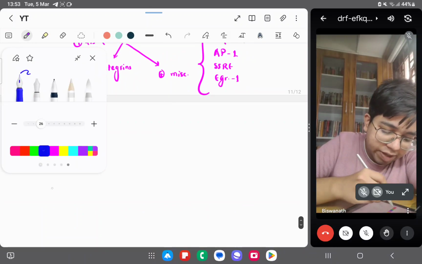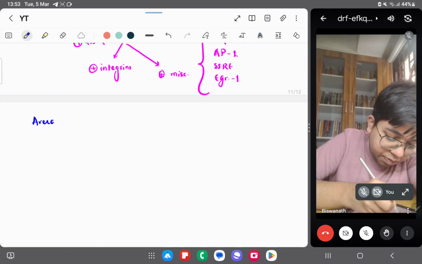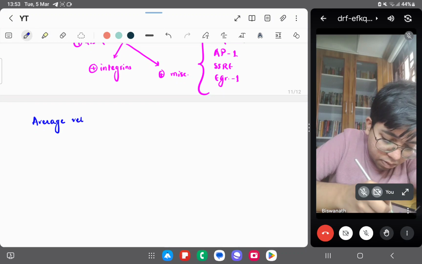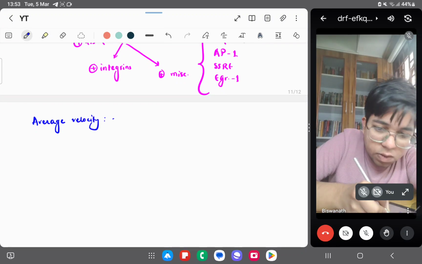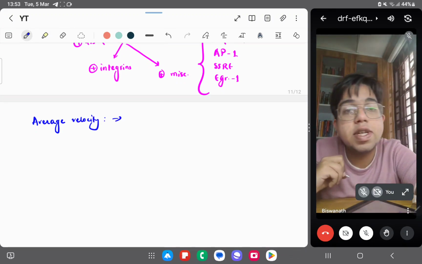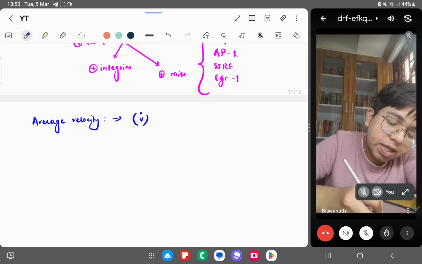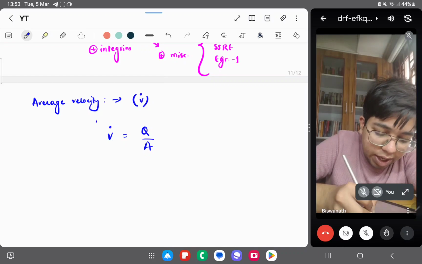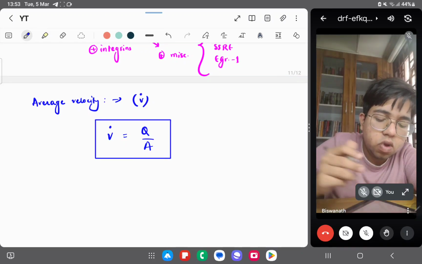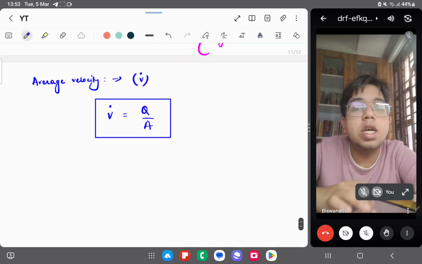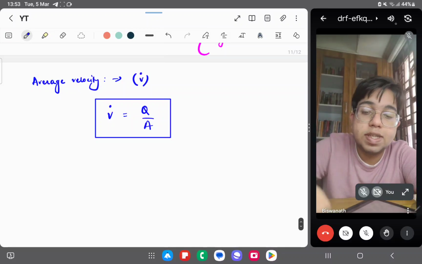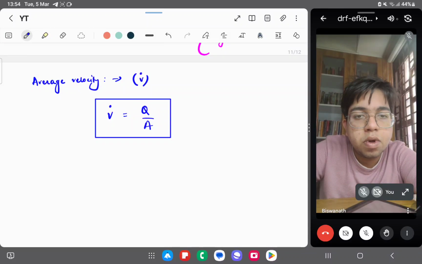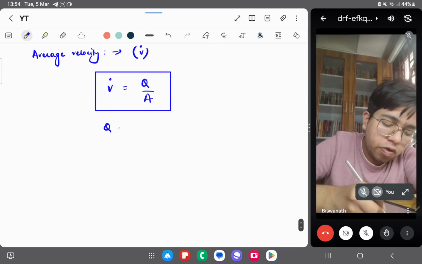This is the average velocity. So what is average velocity? Average velocity is represented by v dot, and this v dot equals q by a. What is q? Q is a flow.